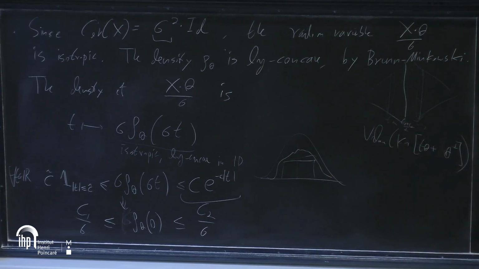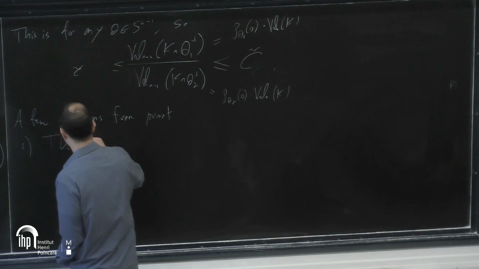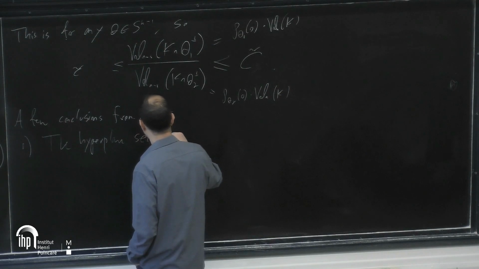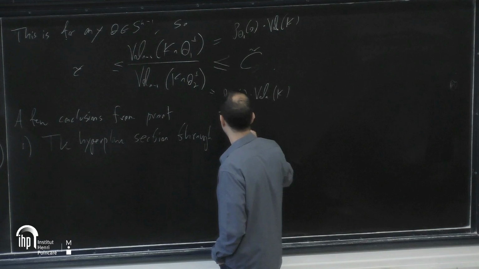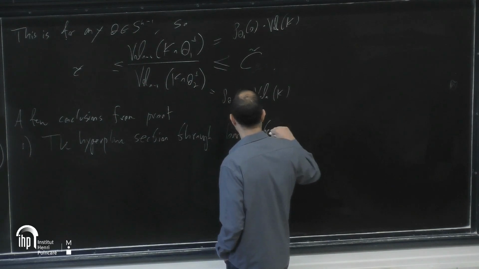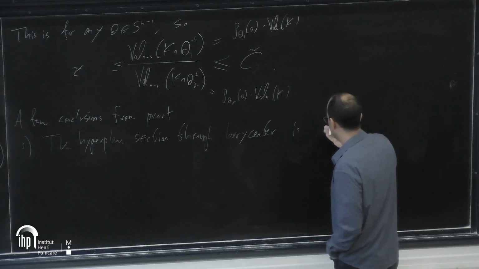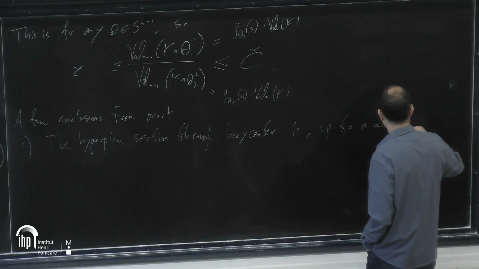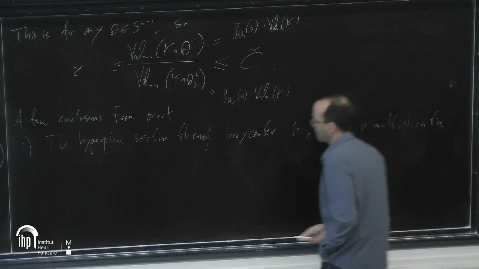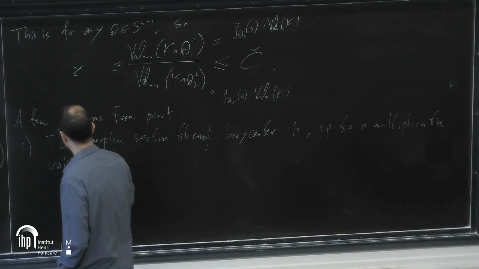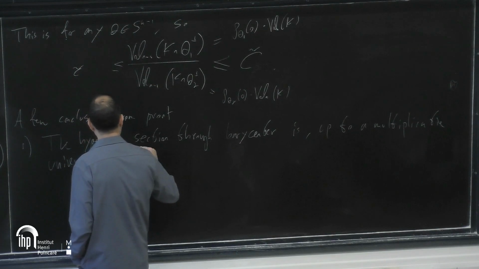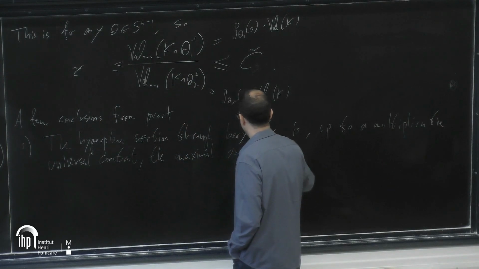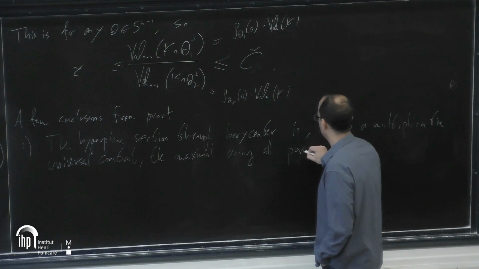So what we learn from that is that the central section, so the hyperplane section through the origin, through the barycenter, let's say, it's better to say through the centroid, barycenter, is up to a universal multiplicative constant the maximal one among all parallel hyperplane sections.